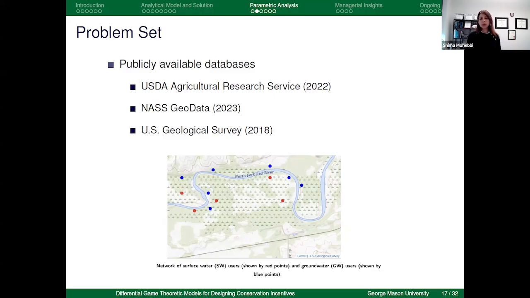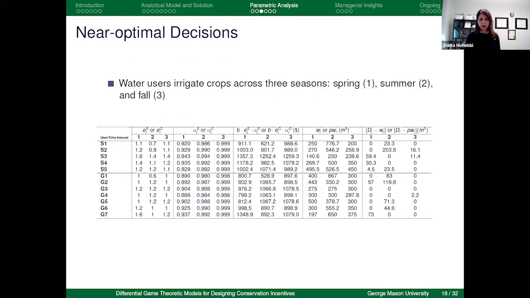And our problem involves one NGO, 7 groundwater users, and 5 surface water users operating across 3 seasons, as you can see in this figure. So water users, as I mentioned earlier, irrigate crops across 3 seasons: spring, the first time interval, summer, the second time interval, and fall, the third time interval.